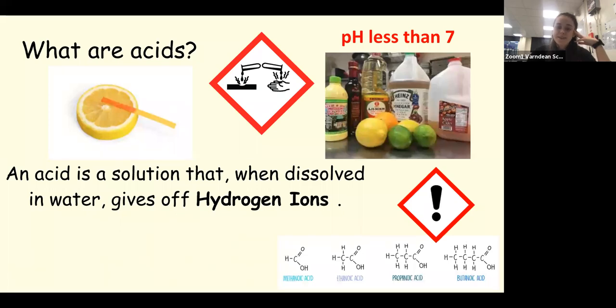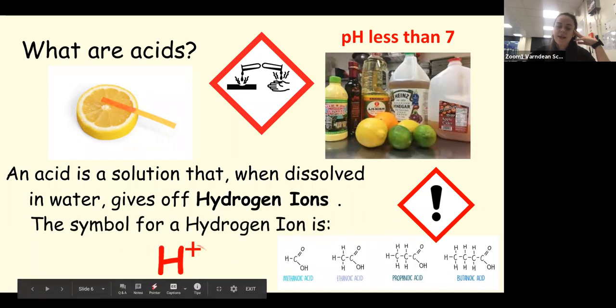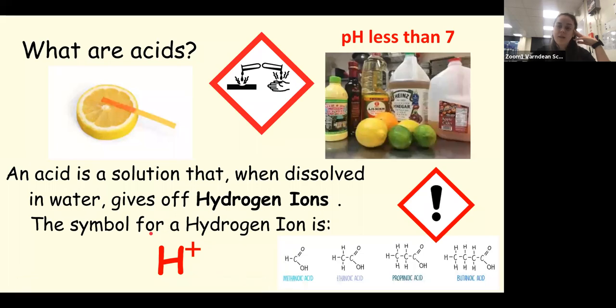What this means is that an acid is a solution, and when you dissolve that in water, it gives off something called a hydrogen ion. And a hydrogen ion is this H+. So something that is acidic will have a solution with lots of H+ ions in it.